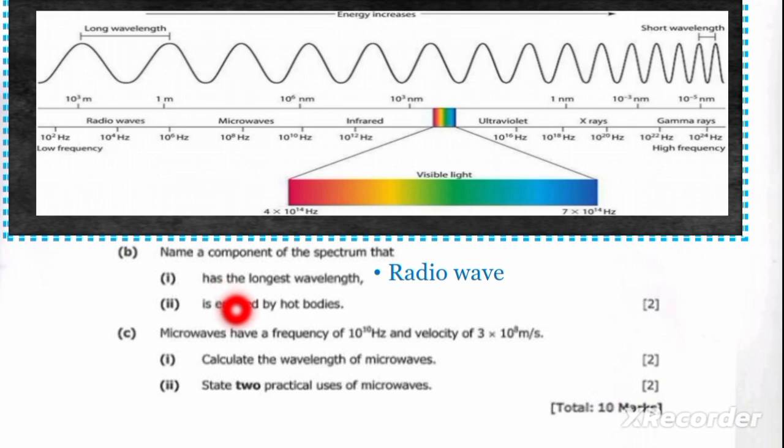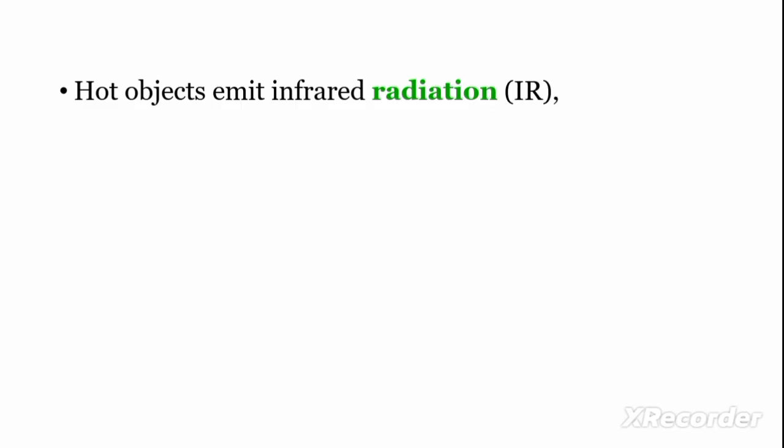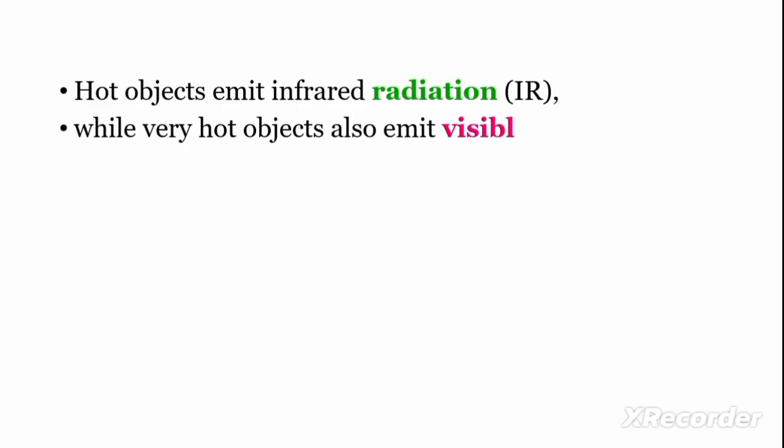We move to the next question. Name a component of the spectrum that is emitted by hot objects, hot bodies so to say. Hot objects emit infrared radiation, while very hot objects emit visible lights.